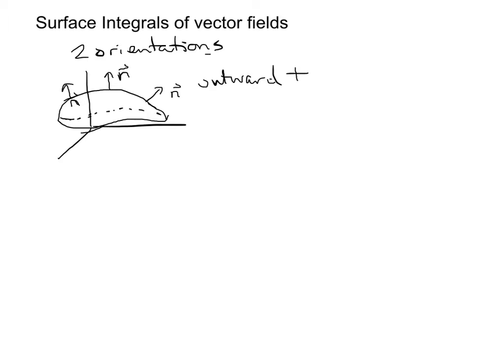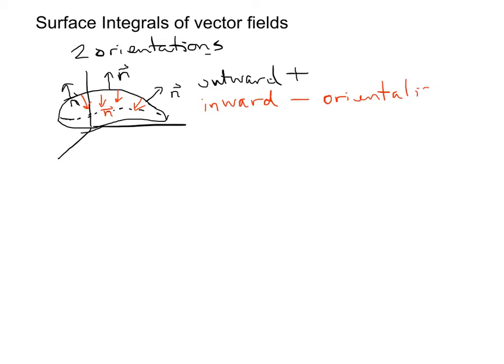If the normal vectors point inwards, let me draw a few different inward directing normal vectors on this blob. So there are some inward pointing normal vectors. Those are inward, then the orientation is negative.